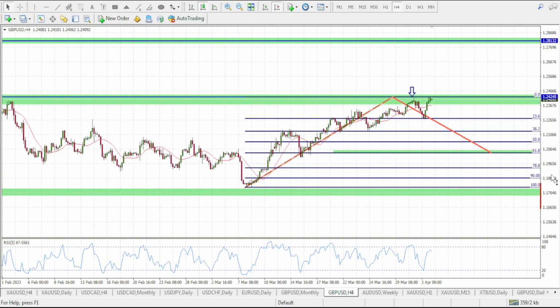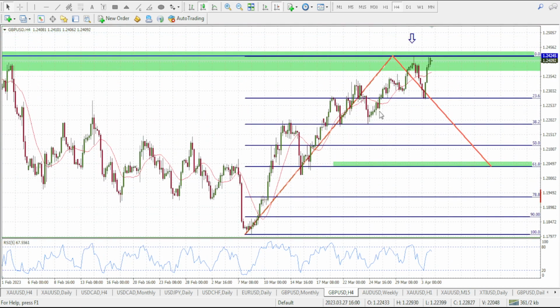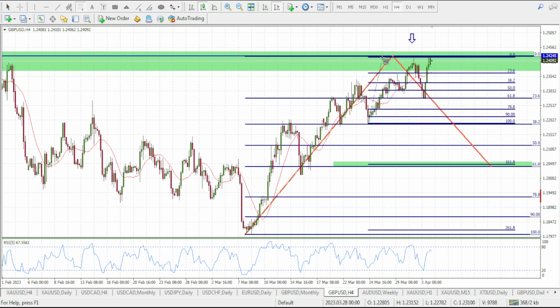Just have a look at it. A very nice move it gave today from 23.6 and Fibonacci 61.8% retracement.